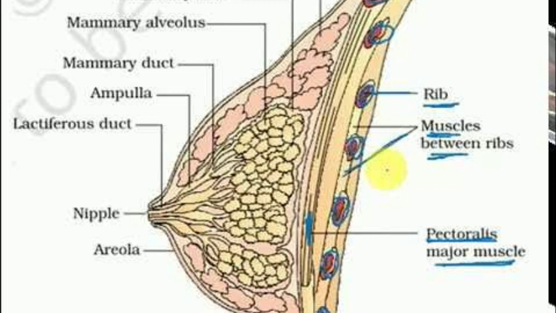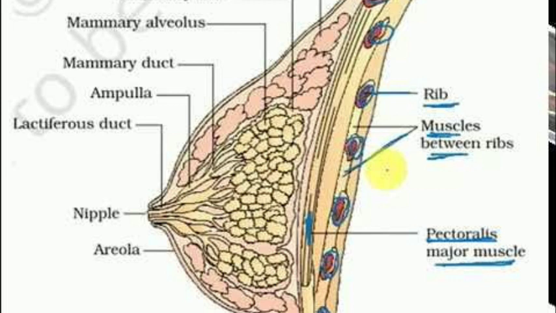Okay, once again from the beginning I'm repeating. A functional mammary gland is a characteristic of all female mammals. The mammary glands are paired structures or breasts that contain glandular tissue and variable amount of fat.